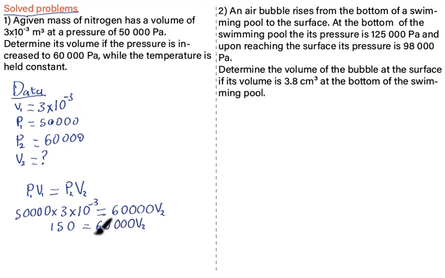From here, what do we do? We divide both sides by 60,000, right? This into this cancels out. Then here 1. We are in now okay. 0.0025. Yes, that's V2. Or V2 is equal to 0.0025.